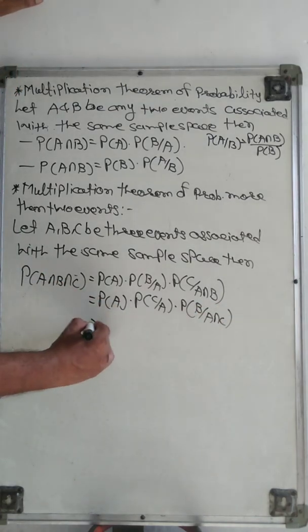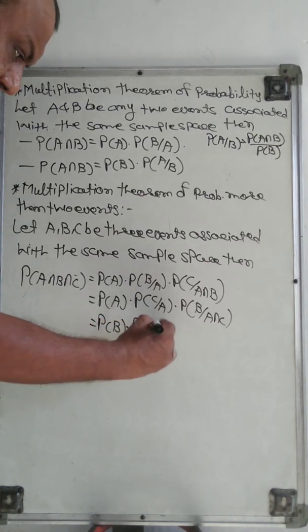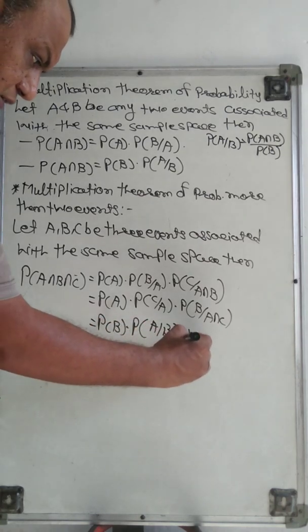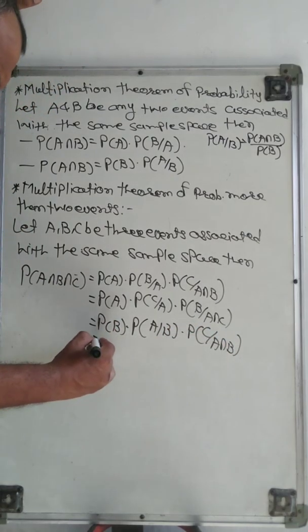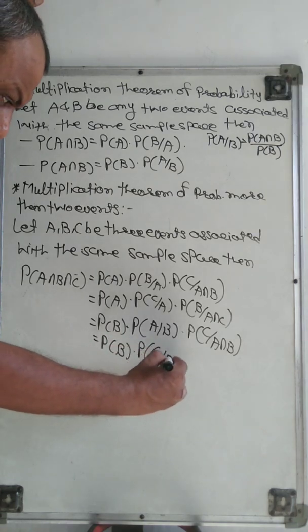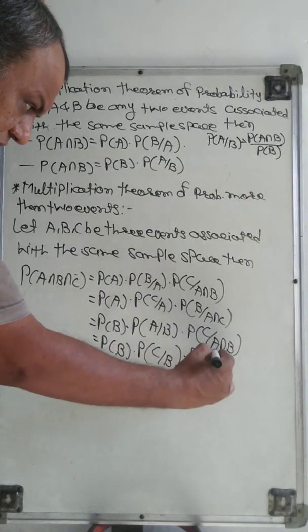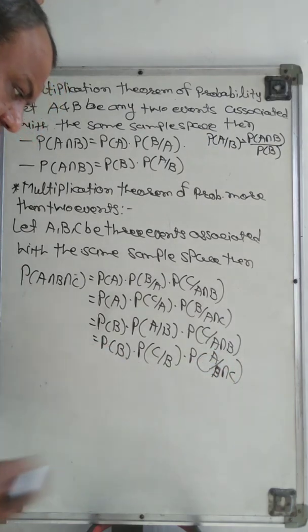Now same way, if we want to find with B, then P(B) into P(A|B) into P(C|A intersection B). Same way P(B) into P(C|B) into P(A|B intersection C), right?